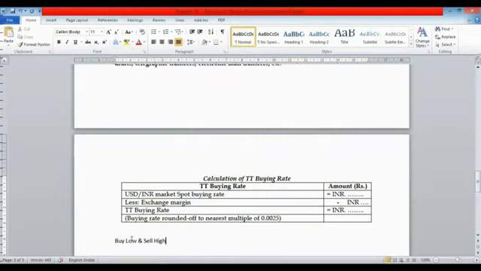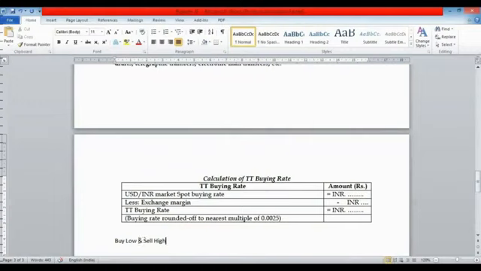That means the difference between the buying and selling will be a commission for the bank, the profit for the bank. It will purchase at 72 but try to sell at 73. 1 rupee will be the profit between the two transactions, for the bank only.